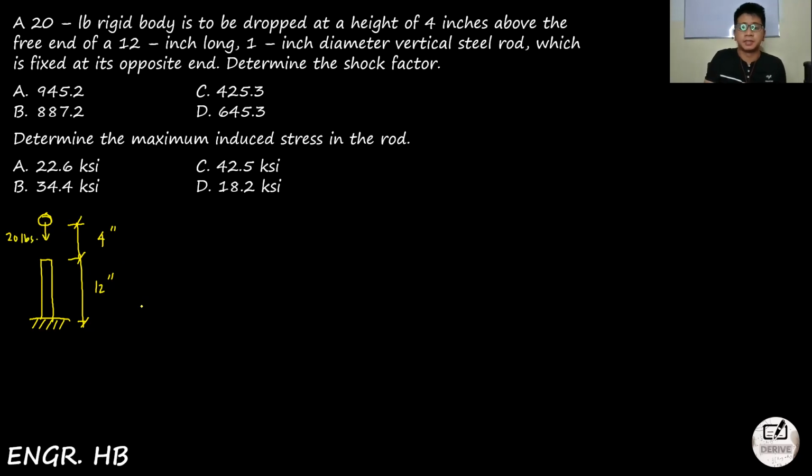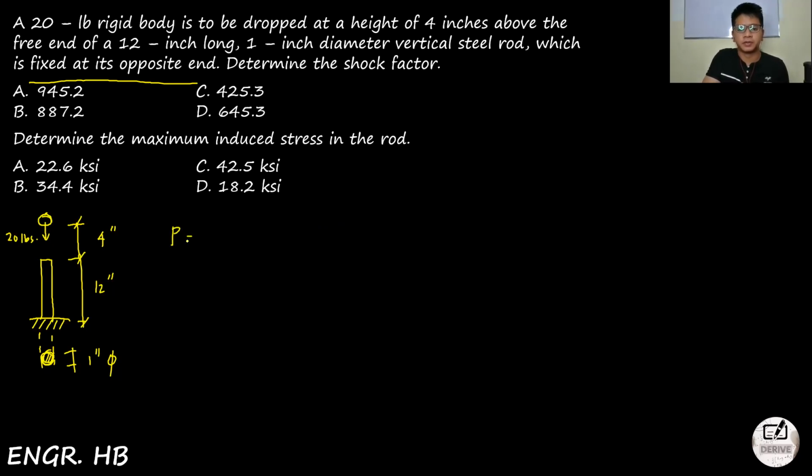And sabi, si vertical steel rod is 1 inch in diameter. Determine the shock factor. Sabi din pala, which is fixed at its opposite end. So ibig sabihin fixed siya, no? Determine the shock factor.